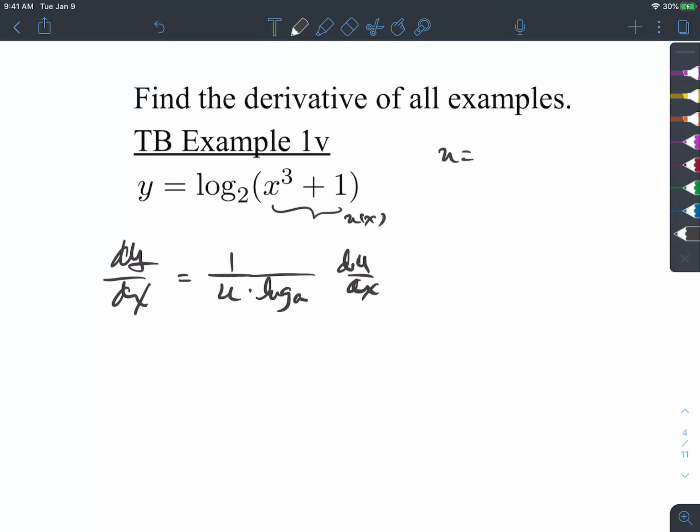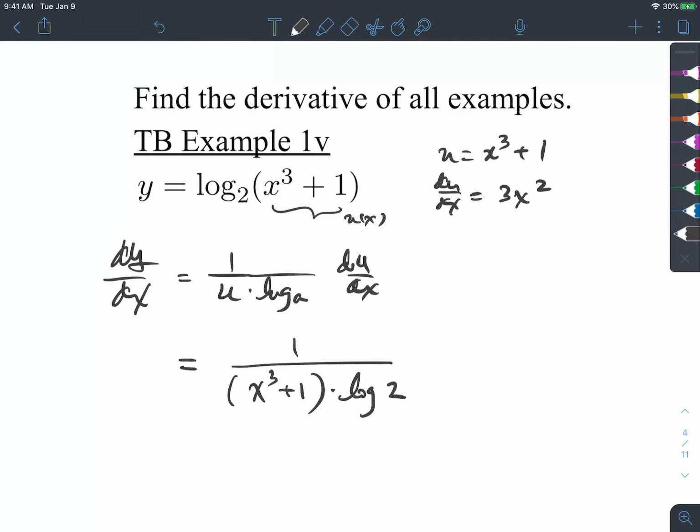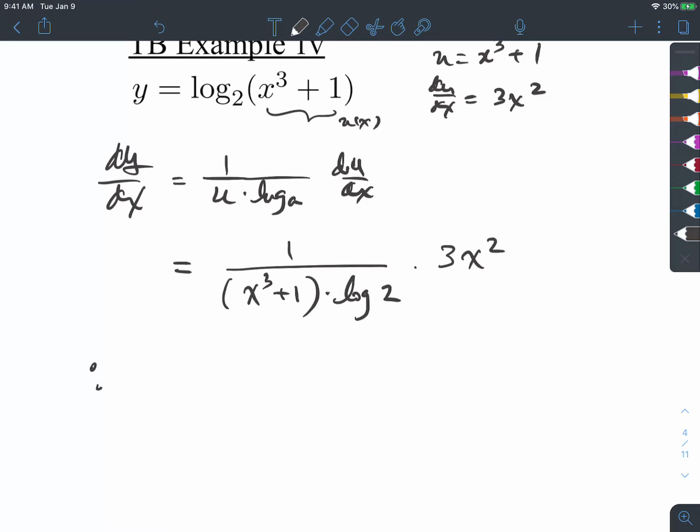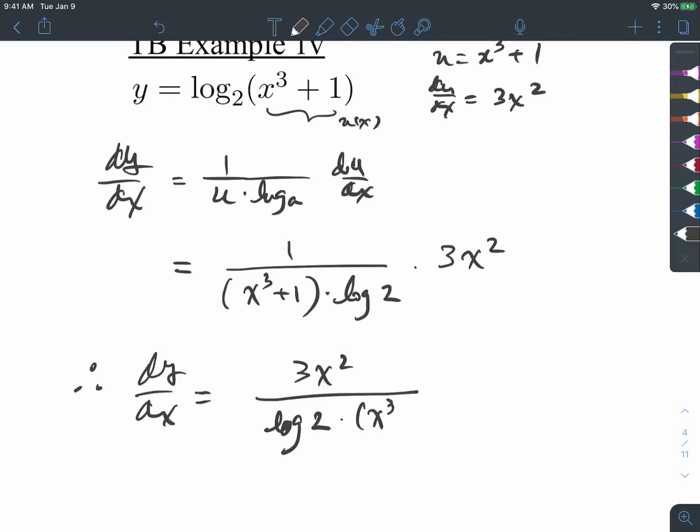This is a variation from your textbook question. If u is x cubed plus 1, du dx is 3x squared. So we substitute all the values: 1 over x cubed plus 1 times log base 2, times 3x squared. Therefore, dy dx is equal to 3x squared over log 2 times x cubed plus 1.